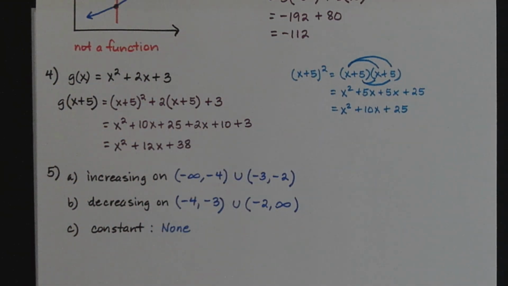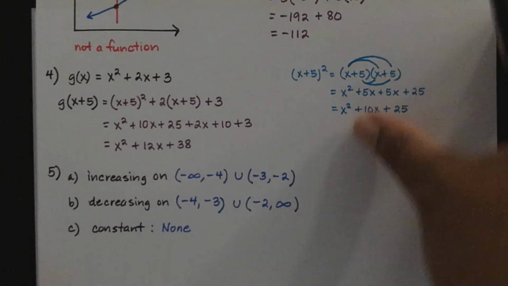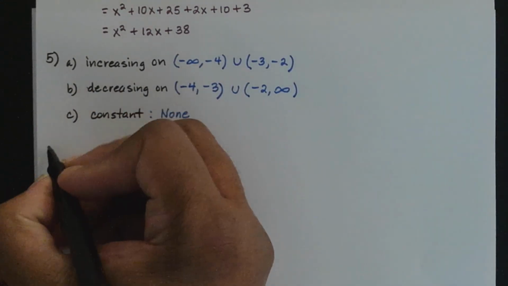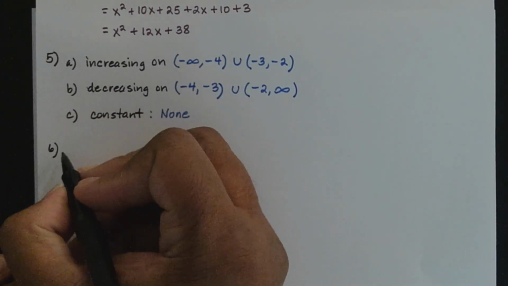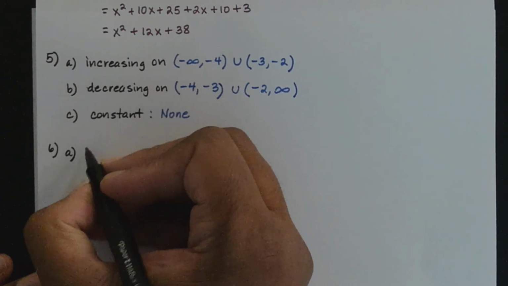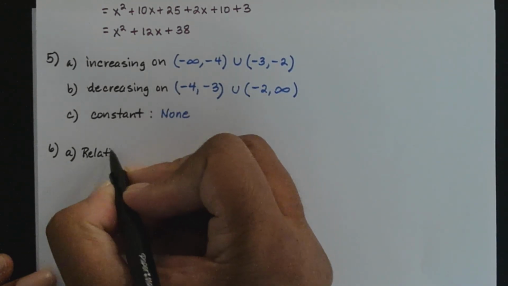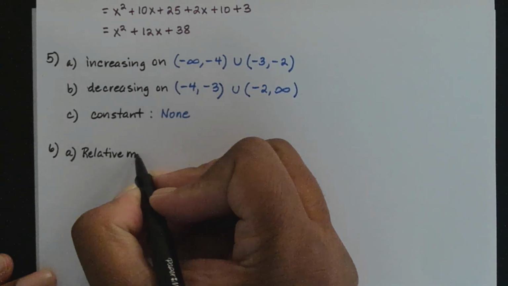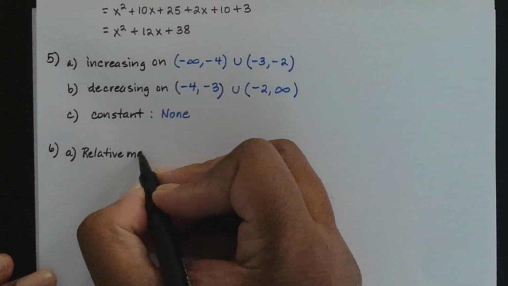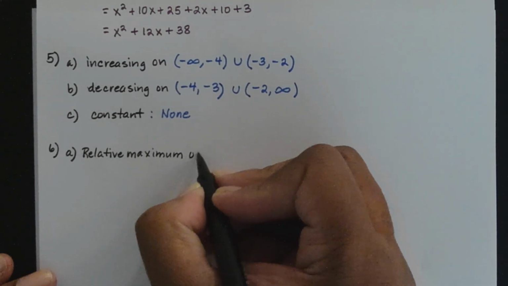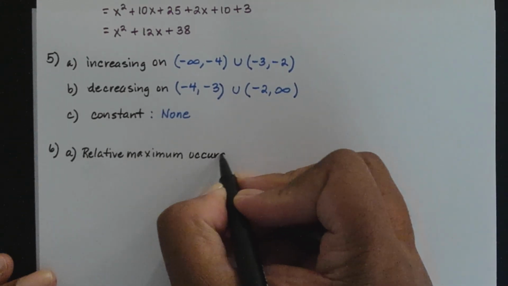So with this one, let's start with part A. We want to find out where the relative maximum occurs.